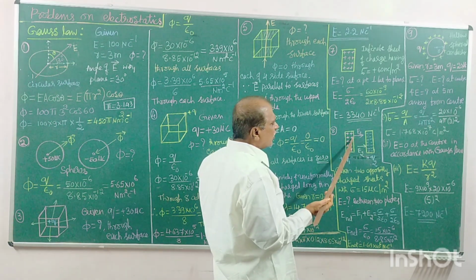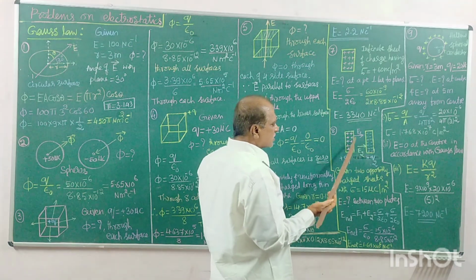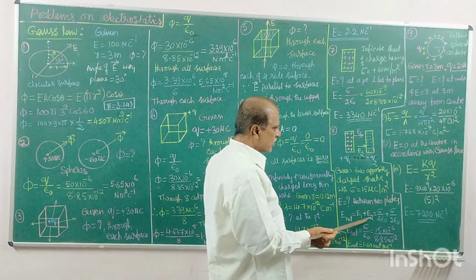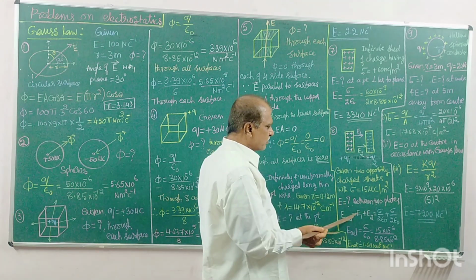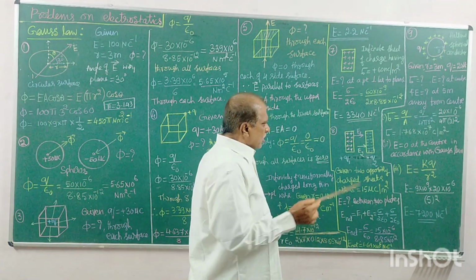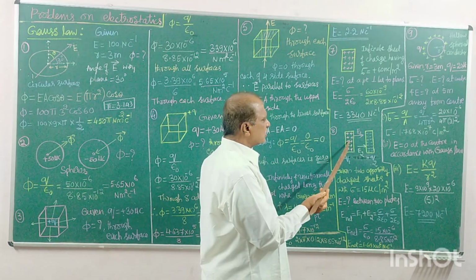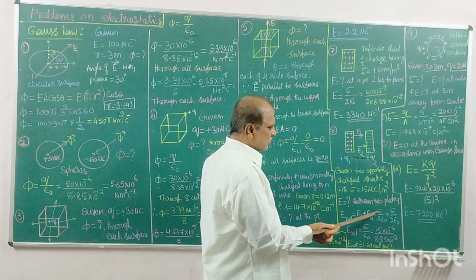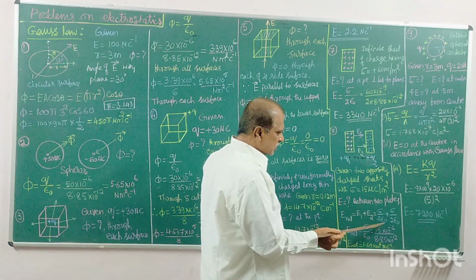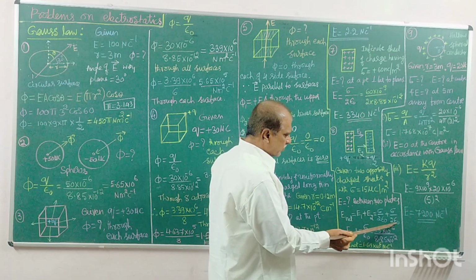So the electric field due to these two plates is just a simple vector addition, because they are in the same direction: E1 plus E2. We know E1, the electric field due to this surface, is sigma divided by 2 epsilon naught, recalling the same formula, and E2 is the same, sigma by 2 epsilon naught.